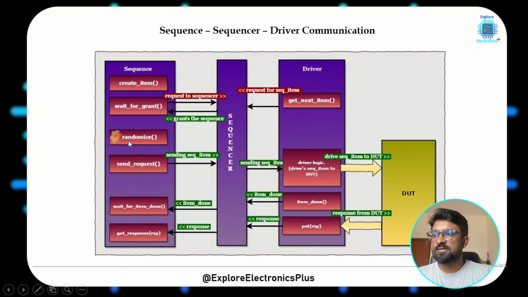The sequence will randomize and send the request to the sequencer, sending the sequence item to the driver. The driver then gives it to the DUT through the interface. Similarly, the response comes from the DUT to the driver, and the driver will send the item done information to the sequence. This is how the run phase of sequence, sequencer and driver works.